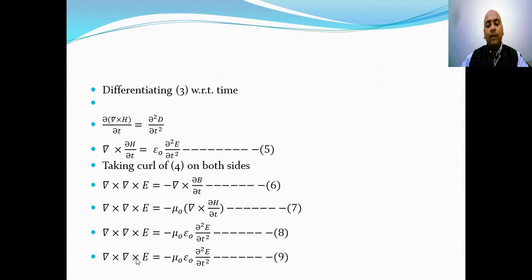So ultimately we obtain that curl of curl of E is equal to minus mu naught epsilon naught ∂²E/∂t².